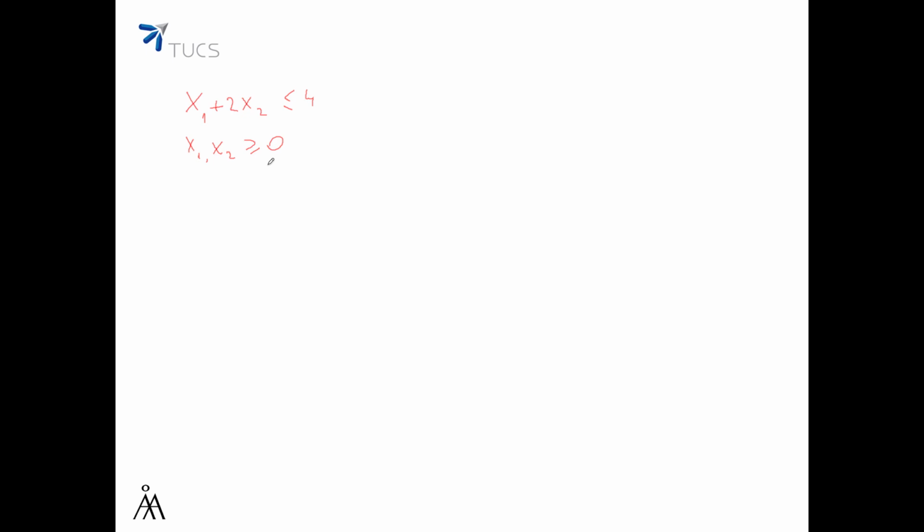So we draw the line described by the equation x1 plus 2x2 equals 4. This line goes through the points (0, 2) and (4, 0), and so it looks something like this.